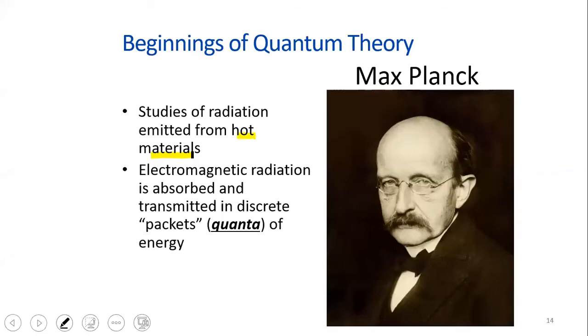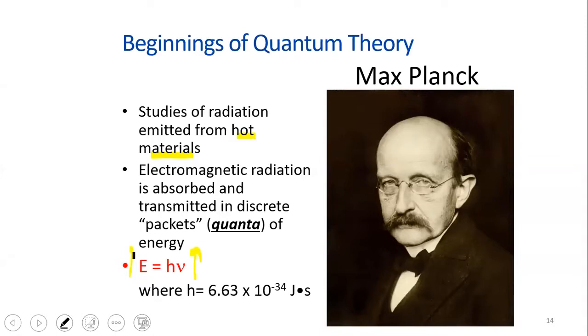To make a long story short, we have what is called Planck's equation that says that the energy of a quantum is given by the constant h, which has since been called Planck's constant, times the frequency of that particular light. Notice that according to this equation, since h is a constant, if the frequency increases, then the energy increases.